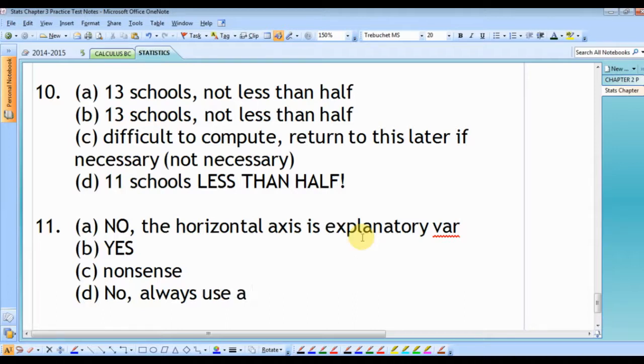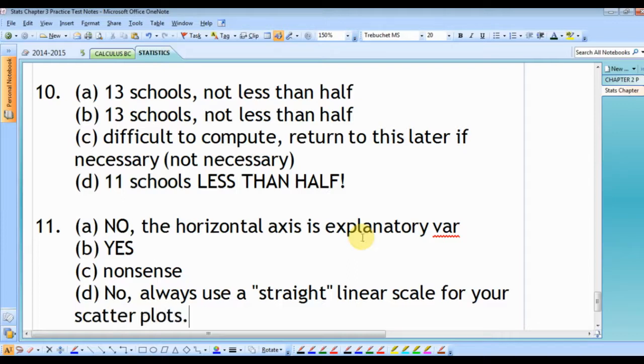Some of them, not all of them. Always use a linear scale. I think sometimes in physics, sometimes in chemistry, they make you plot using an exponential scale.